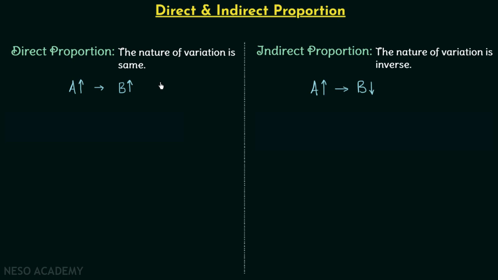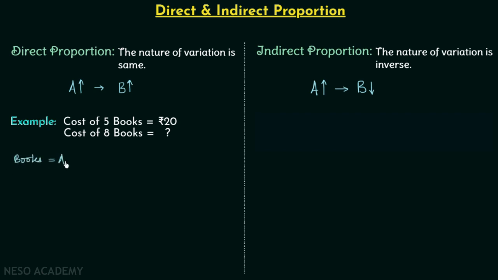Now we will take one example of direct proportion. We have 5 books costing 20 rupees and we need to find the cost of 8 books. Let us say that the books is our quantity A and the price for the books is our quantity B. Now what type of proportion we have in this case? Initially we have quantity A as 5, then we have quantity A increased to 8.